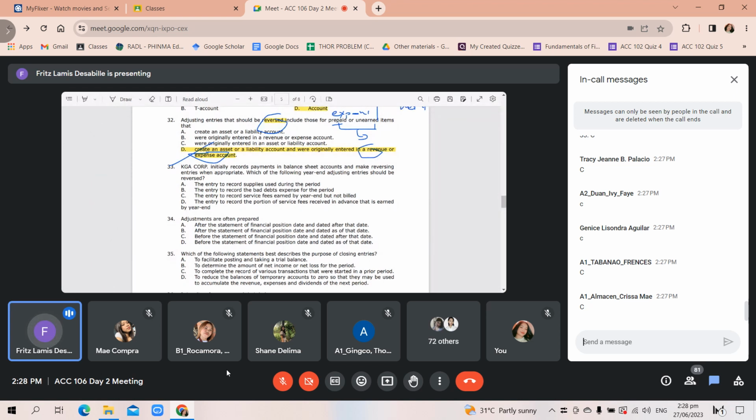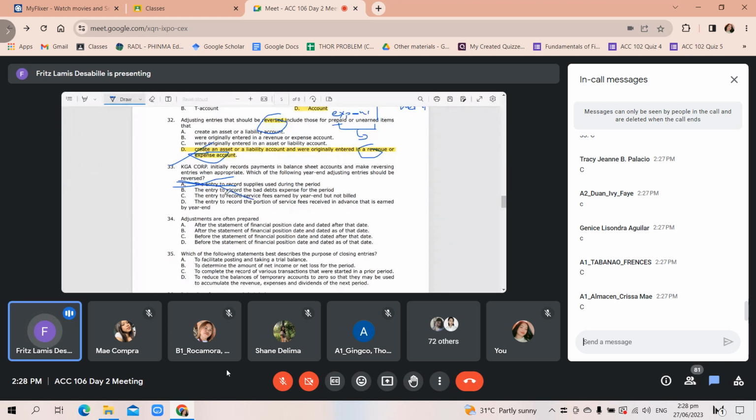So debit expense, credit prepaid. So unsa na siya? That's prepaid asset or prepaid expenses recorded originally using the asset method. And if prepaid expenses siya recorded originally using the asset method, dili siya ma-qualify for reversal.